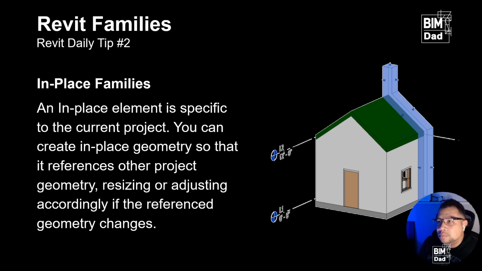In-place families should be saved for the very unique families that you need in a one-off scenario. Even if you're only using it in this project, if you will be placing it multiple times, that should, in best practice, also be a loadable family.